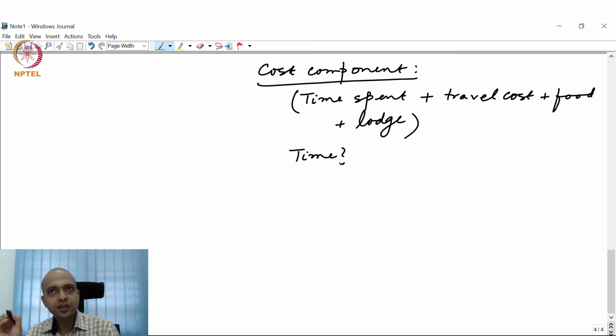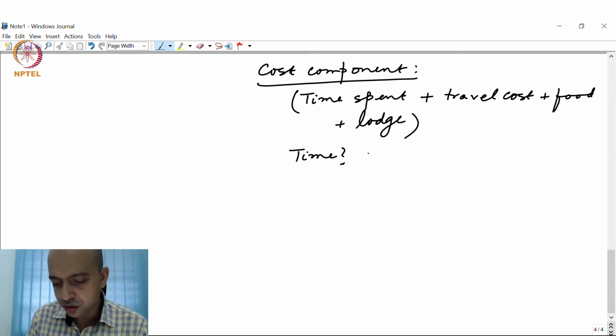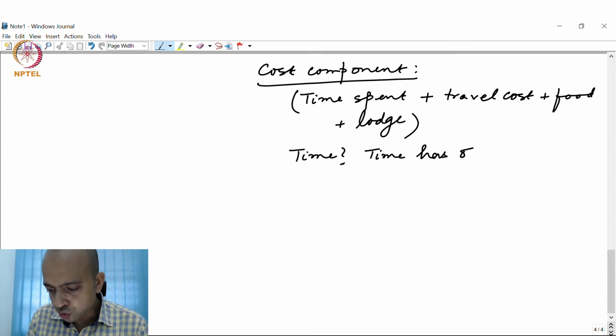That is why the amount of time you require to visit that place is also included in the total cost component, because time has an opportunity cost.